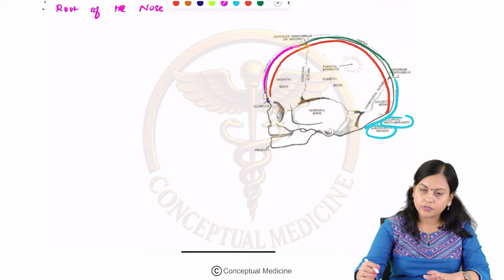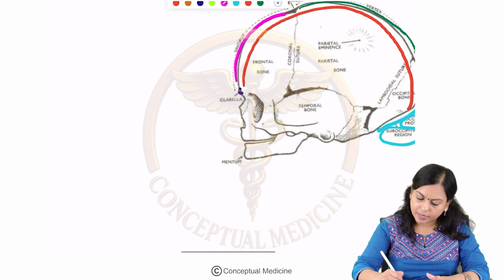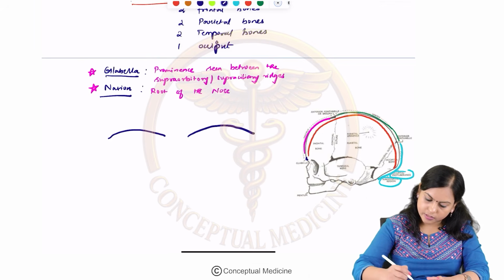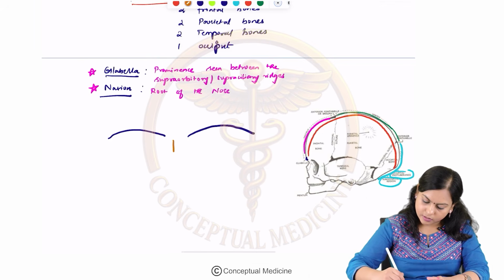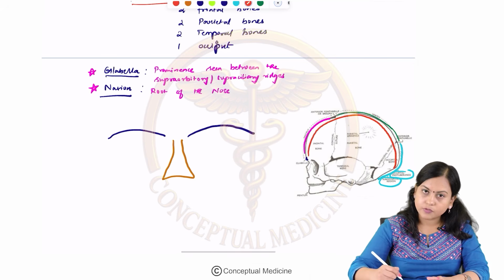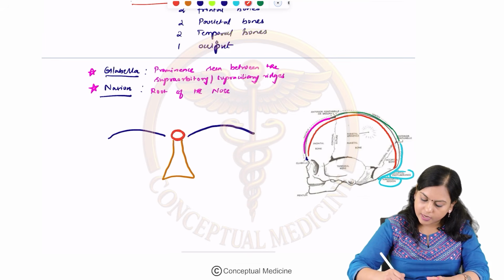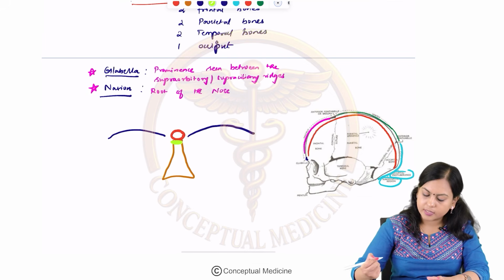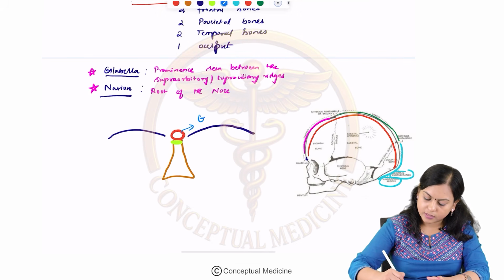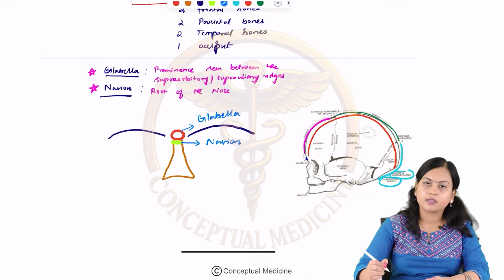If you see, this is the glabella. Basically, if we draw a diagram, these are the supraorbital ridges and imagine this is the nose. This region between the supraorbital ridges is the glabella, and this region, the root of the nose, is the nasion. Understood? So this is the glabella and this is the nasion.